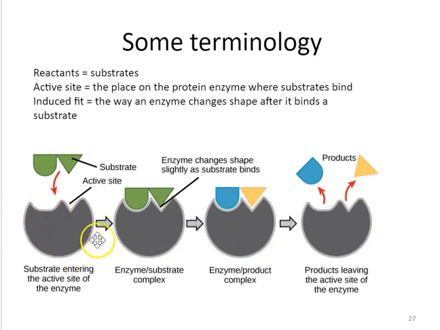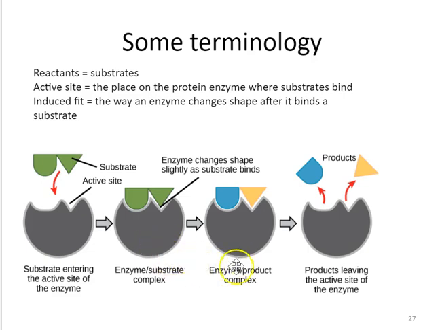So what happens is the protein enzyme has an active site, and it's shown like this. And then this green substrate, which is a reactant, will bind to the active site, and then this protein will actually flex or change conformation.